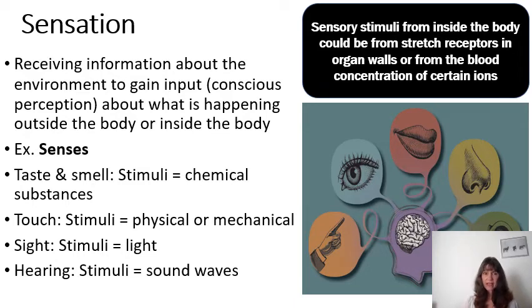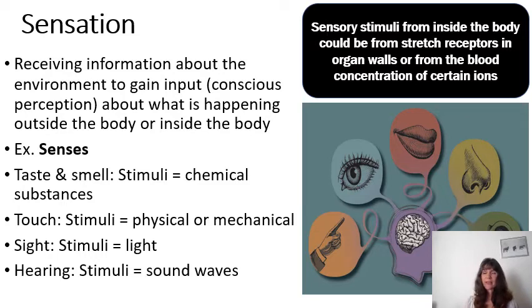the stimuli include chemical substances. Touch is another form of stimulus that can be triggered by physical or mechanical changes. Sight is another type of sensory stimuli that occurs with light on photoreceptors, and hearing is another type of stimulus that involves sound waves.